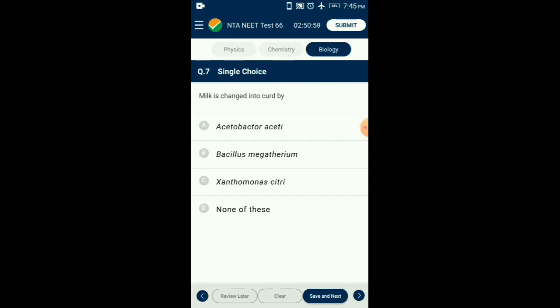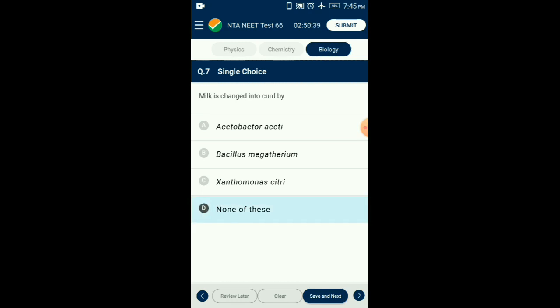A small amount of curd added to the fresh milk as inoculum or starter contains millions of lactic acid bacteria, which at suitable temperatures multiply, thus converting milk to curd. So the answer for this question is option D.